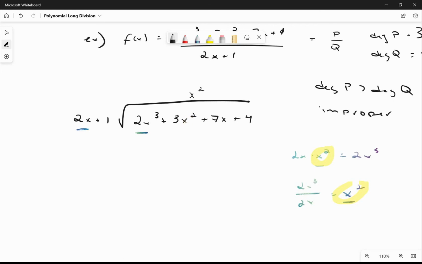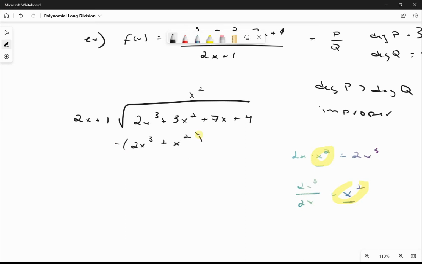Now we take our x squared and multiply it through the divisor, and you get 2x cubed plus 1 times x squared gives you just an x squared. So you're distributing all the way through. And then we subtract this new line from the dividend.